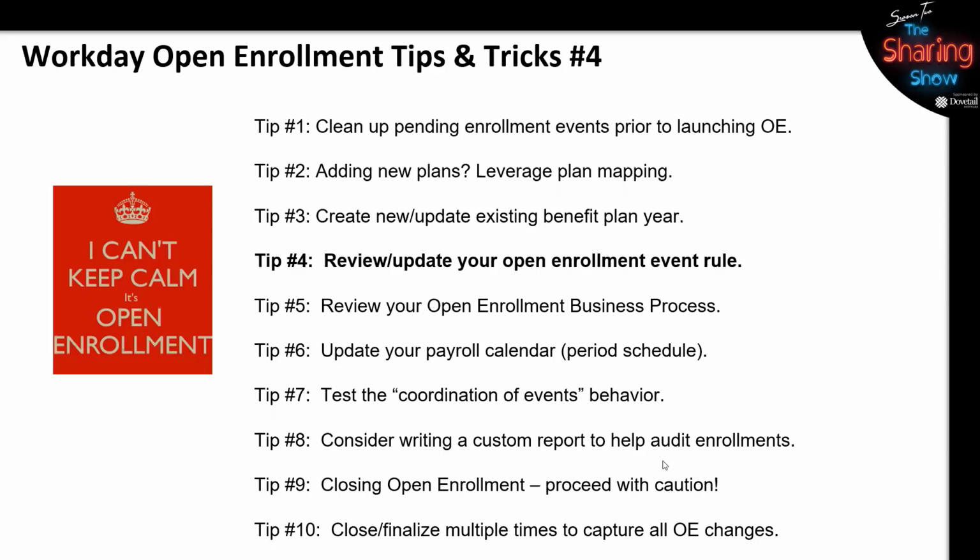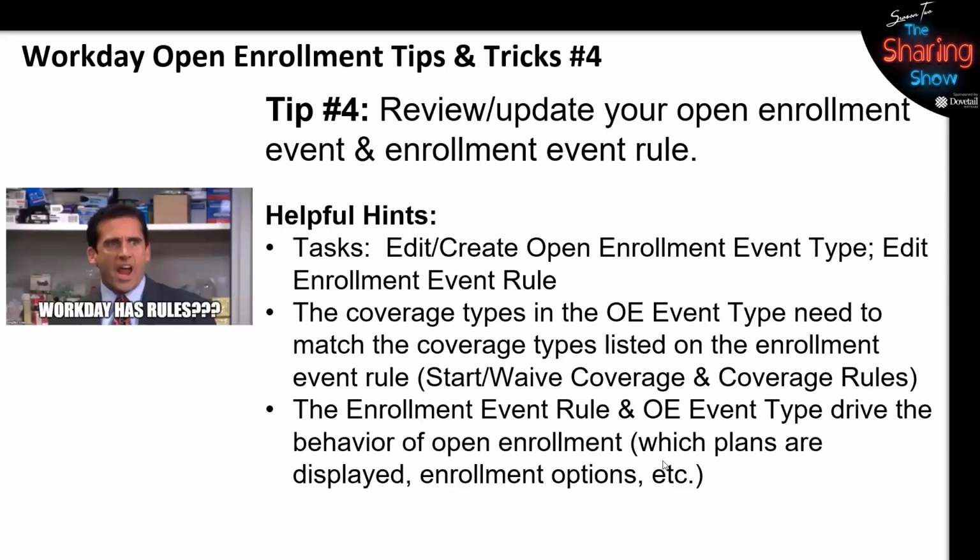You're welcome. My number 4 tip is to review and update your open enrollment event type and enrollment event rule. The open enrollment event type in Workday has its own definition, and your benefit groups are tied to that enrollment event rule. So my tip here is to make sure that the coverage types you're including in your open enrollment event type, for simplification medical, dental, and vision, also exist on your enrollment event rule.